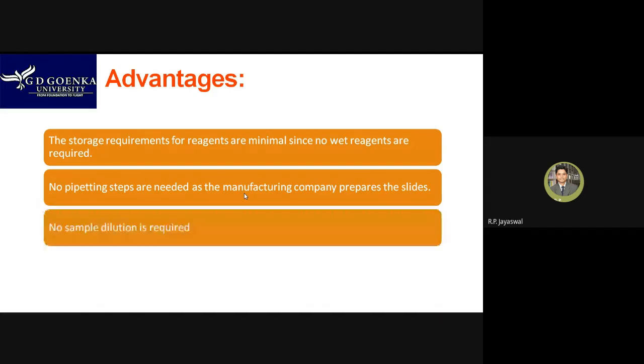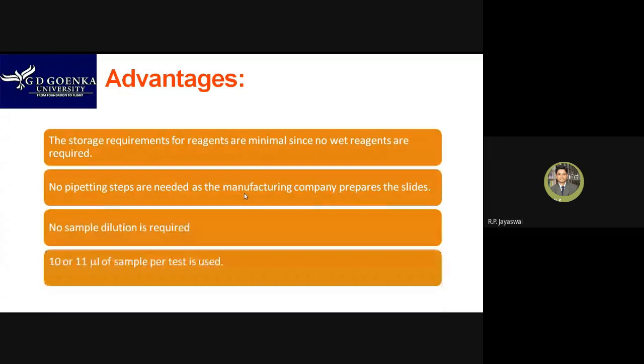No sample dilution is required. This is one big advantage, that sample dilution is not needed. And 10 or 11 microliters of sample per test is used. So the sample requirement is also much lesser compared to the different types of analyzers we studied previously, right?